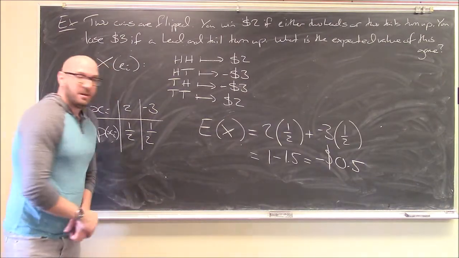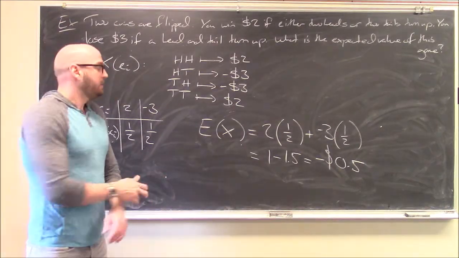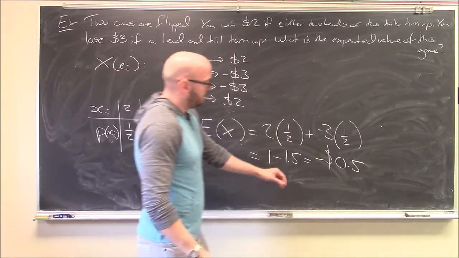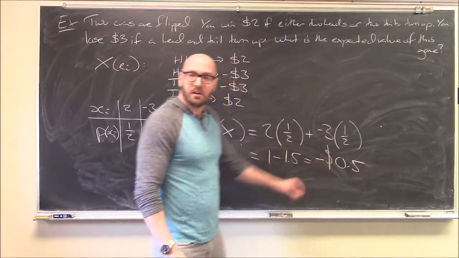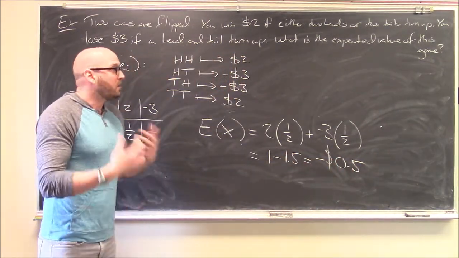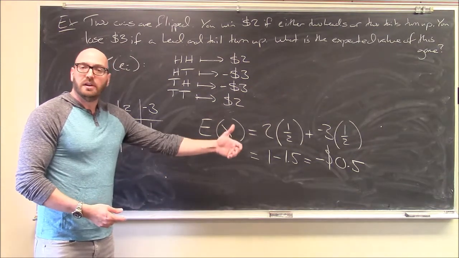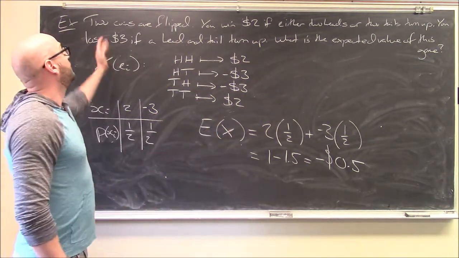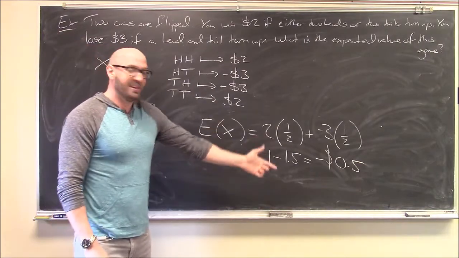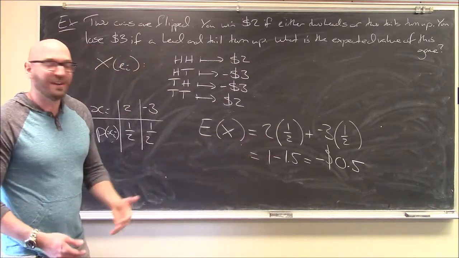So the expected value of this game is, as we expected, negative $0.5. In other words, on average, every single time you flip these coins, you're expecting to lose 50 cents. So it's not a good game to play.